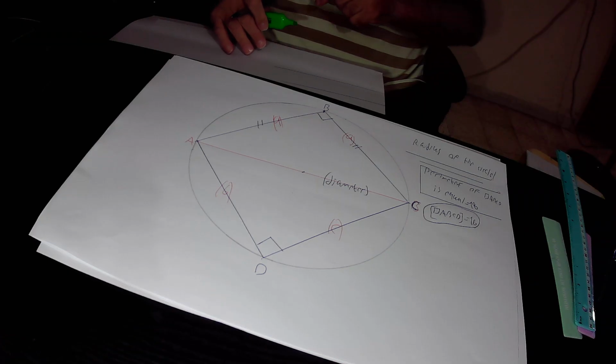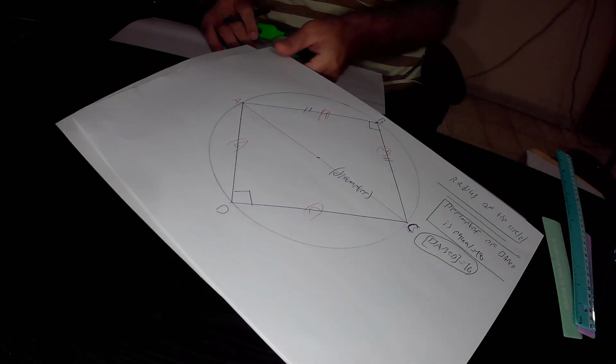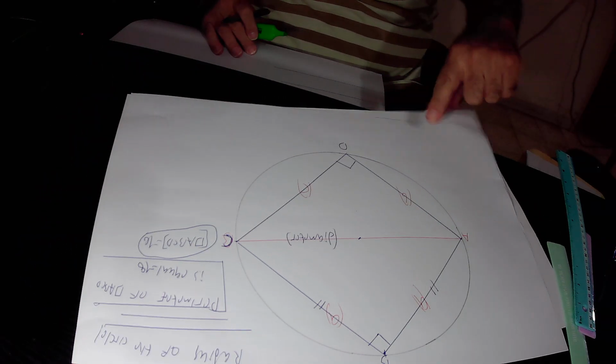So, in the next step, we'll implement the Pythagoras theorem on this right triangle ADC.